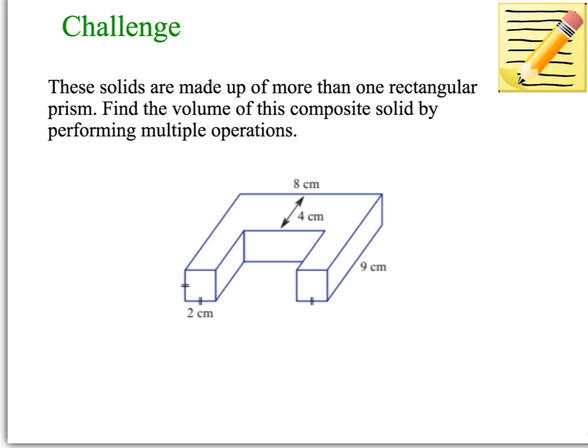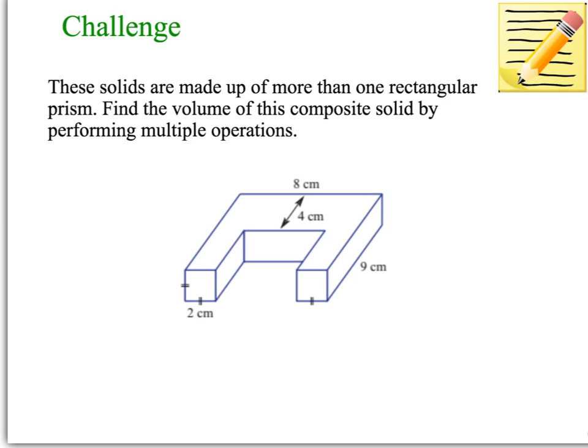In this case, I would need to work out the volume of the shape as a whole shape without the hole in the middle. Then I will work out the volume of this part here and take that away from the total. You can do that now while you pause the video. See if you can work that out yourself, and I'll show you the answer in a moment.